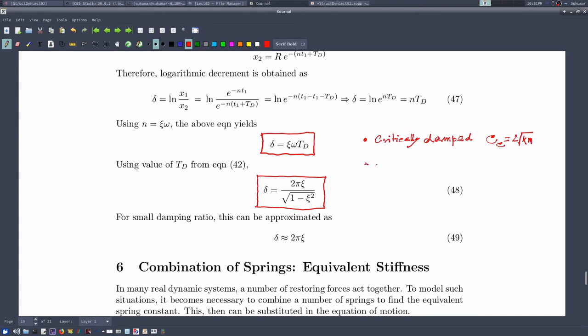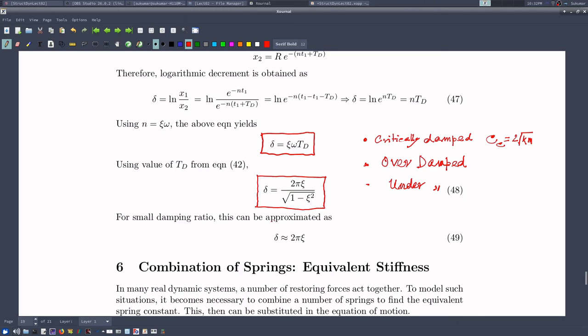Then I have overdamped system, and for the real systems I will have underdamped systems. And in case of underdamped system, I have a damping ratio which is less than 100%, or the damping ratio is less than unity. And we also have another measure of damping present in the system, which is logarithmic decrement, and it is obtained by this equation.